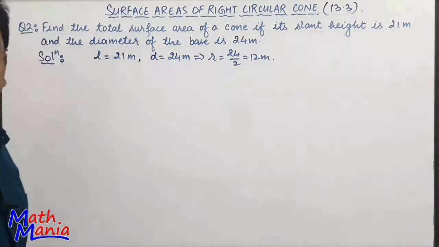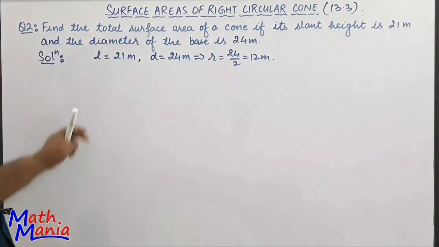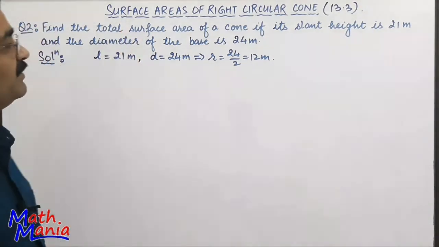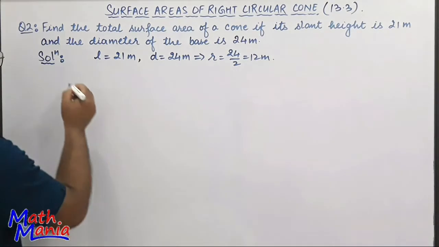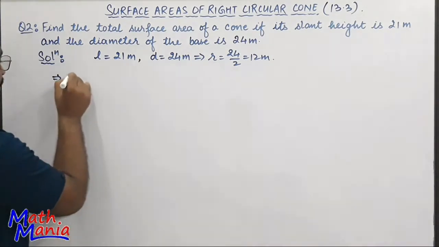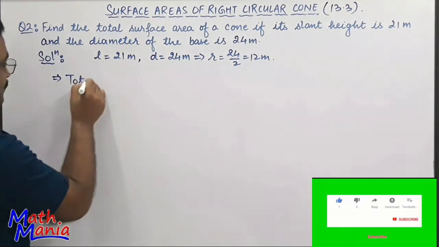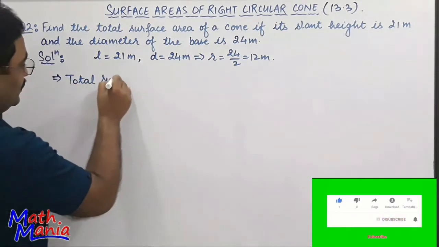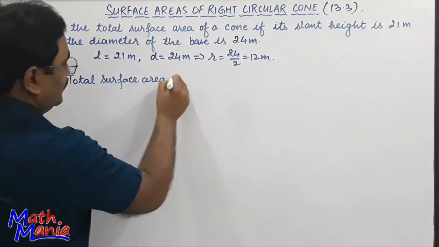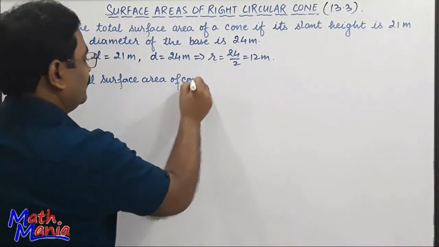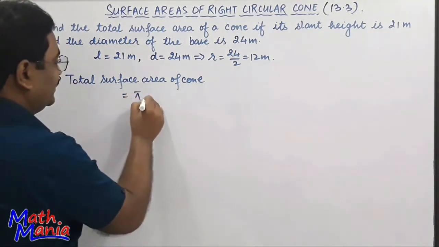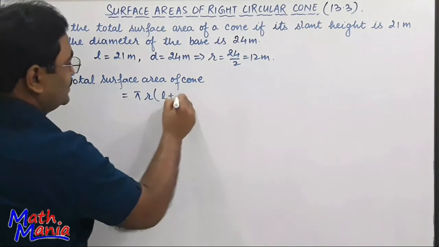Right friends? Now we need to find out what we have to find out. It's the total surface area of the cone. So to find the total surface area of the cone, we need the formula. Total surface area of cone equals, we have the formula pi r (l plus r).